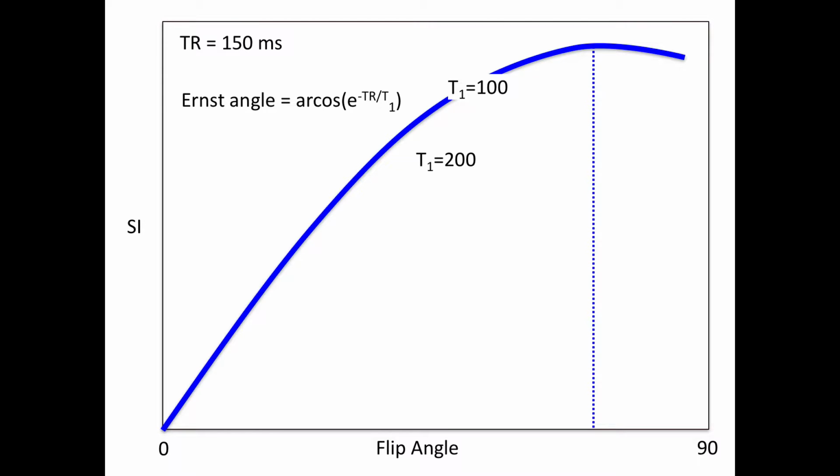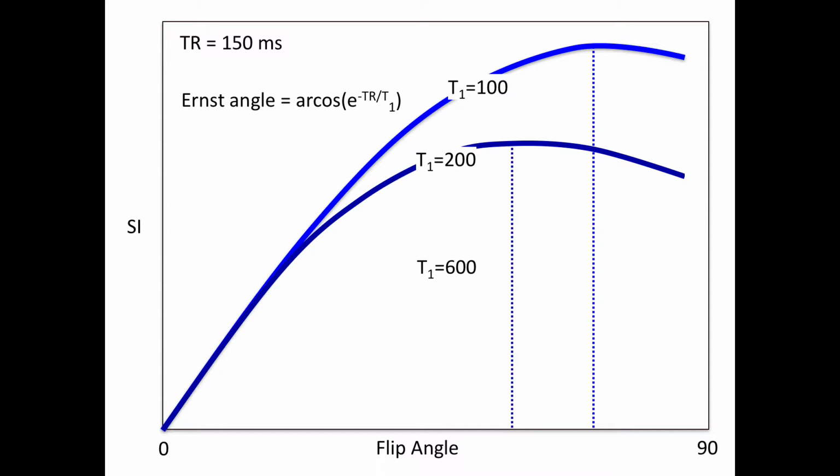Let's now look at T1 200, the surrounding fat. If you're interested in the fat, then you would pick an optimal flip angle of maybe 70 degrees. And if instead you're looking at unenhanced liver with a T1 of 600, then maybe you would pick a flip angle of about 45 degrees.